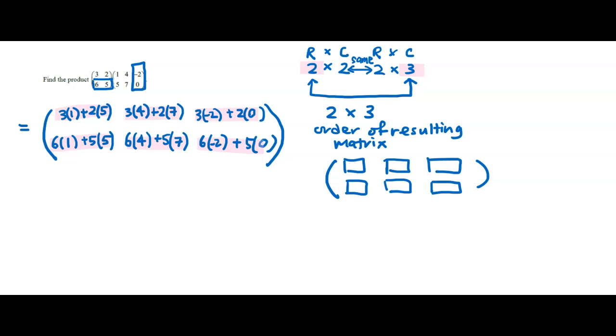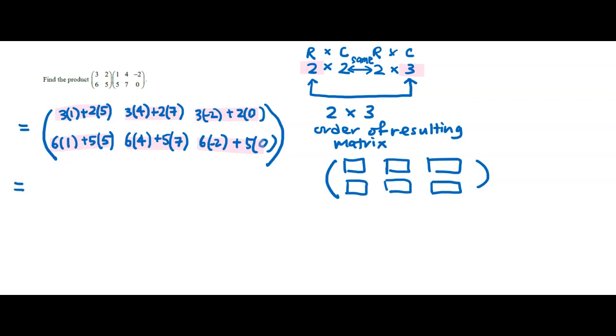So if at any point in time you don't understand what we're going through with all these, do try to match the numbers to its original matrix and see where it comes from. That should help you to have a better understanding of this whole concept. Now that we are done with this, what we're going to do is to compute the answer.